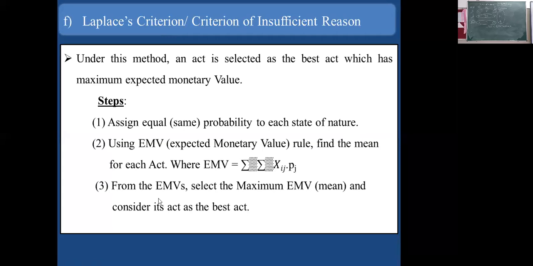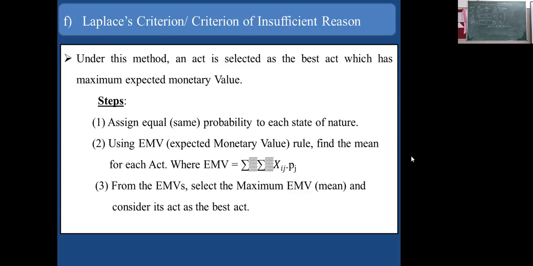So let us discuss now the Laplace criterion, the next criteria, which is also known as the criteria of insufficient reason. Why is the method named insufficient reason? Because when there is uncertainty, we do not have any past information or perfect information, so that we cannot find probability.